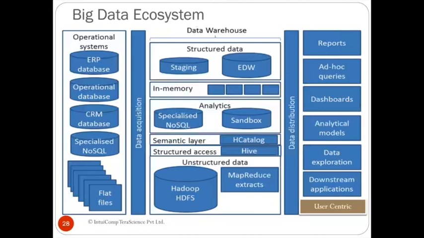Then comes the semantic layer, HCatalog. Then structured access is given by Hive, and unstructured data finally goes to Hadoop HDFS, MapReduce extracts. After that data gets distributed, it gets into reports, ad hoc queries, dashboards, analytical models, data exploration, downstream applications, user-centric.